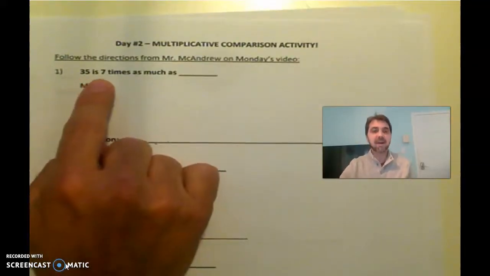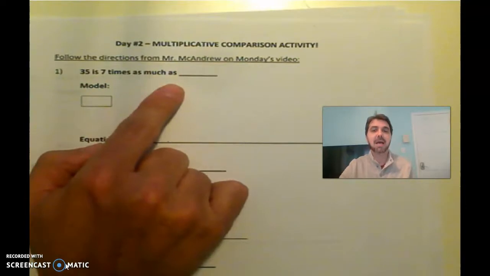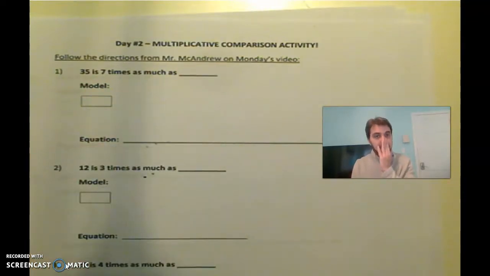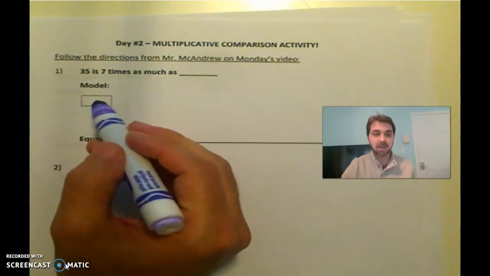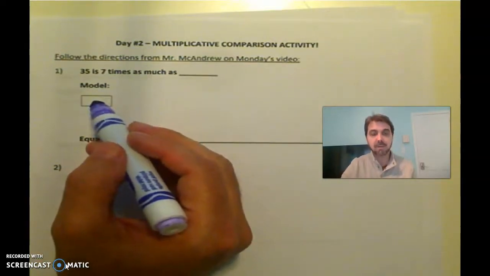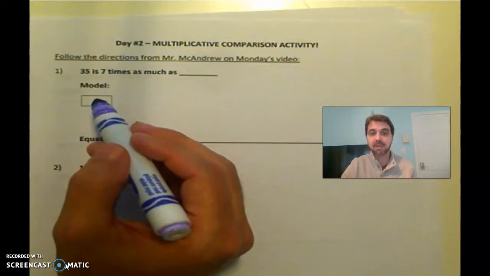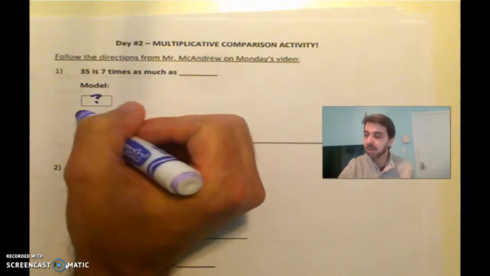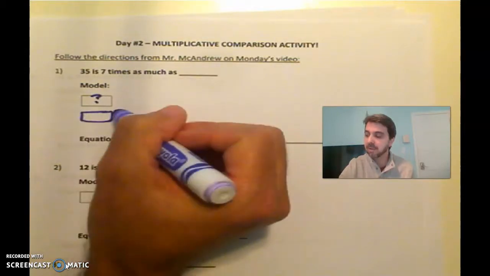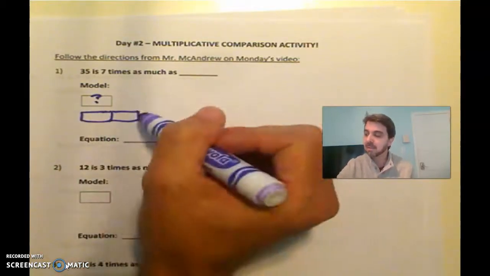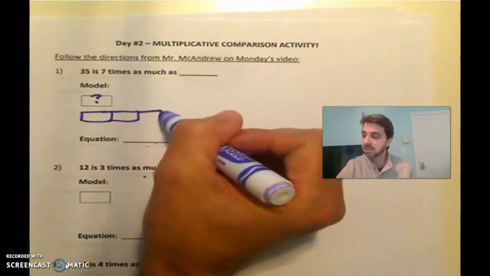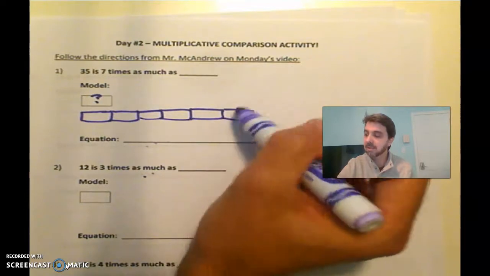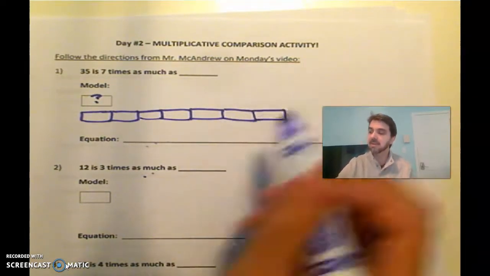So it says 35 is 7 times as much as what? All right, so here's our model, okay? So we're going to make it, we don't know what this is. This is a question mark. Question mark. But we know that 35 is 7 times as much. So that's 1, 2, 3, 4, 5, 6, 7.